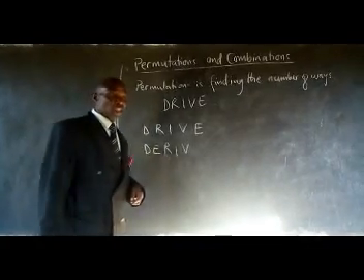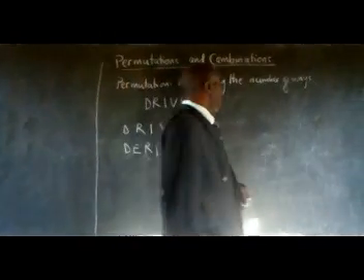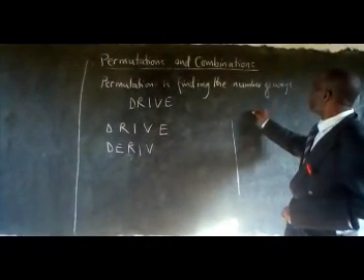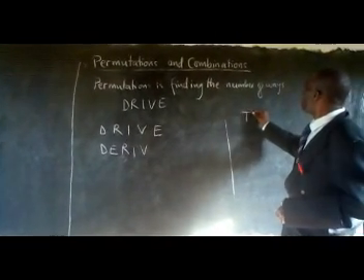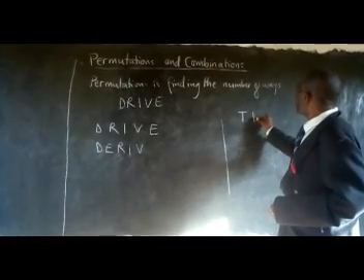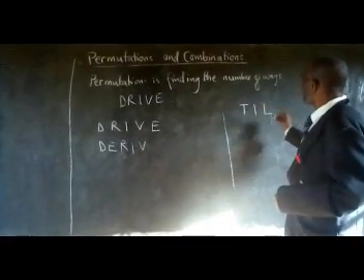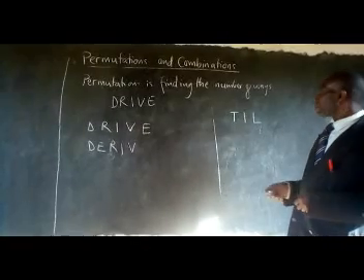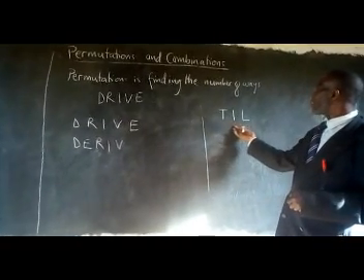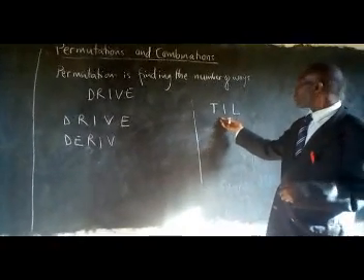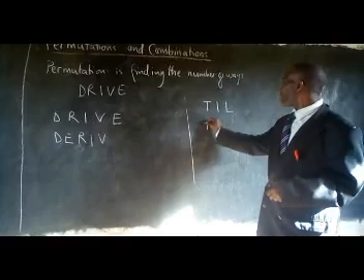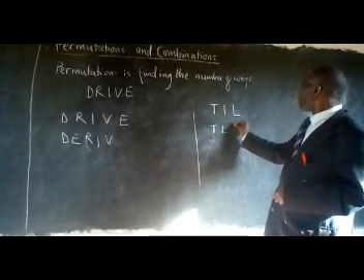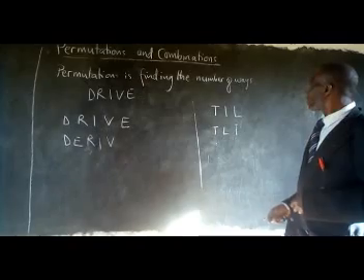Maybe let me give you the simplest case. If there are 3 letters, T, L, I, you can write as many ways as possible, but this one is simple. You can start with the T, L, I as the second one.